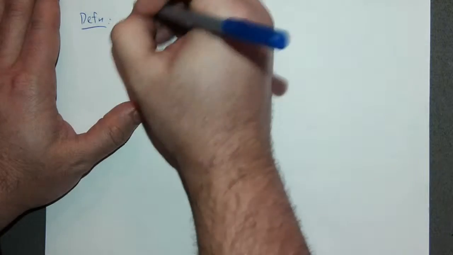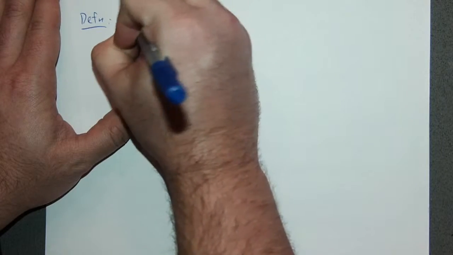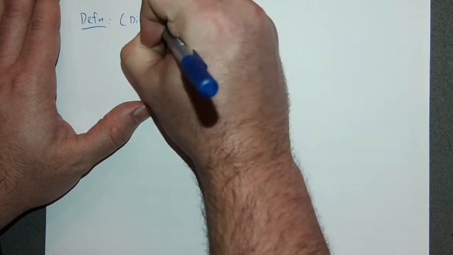So why this talk about the gradient? Because now I can define the directional derivative, and I can do that in terms of the gradient. This is a definition of the directional derivative.